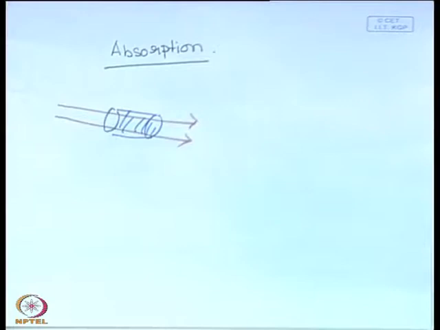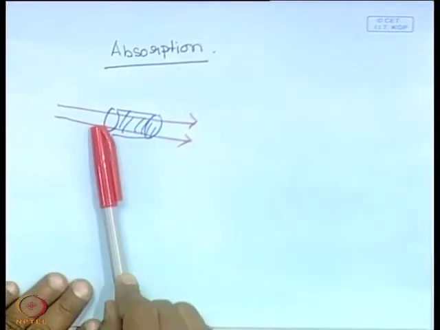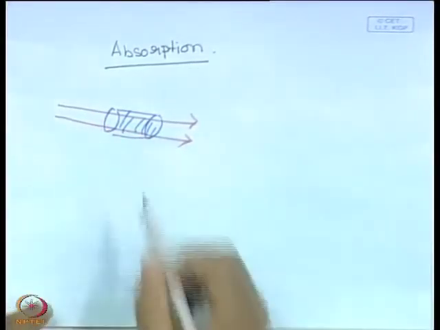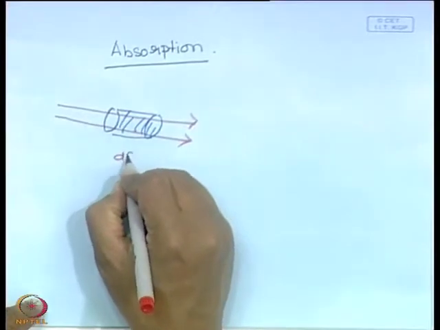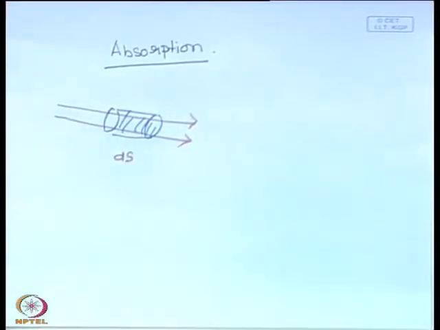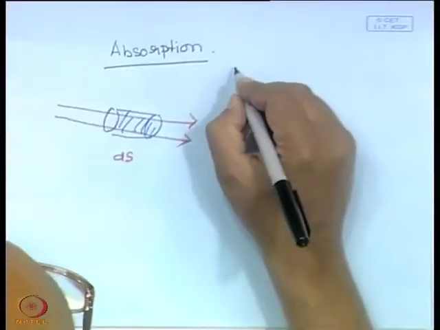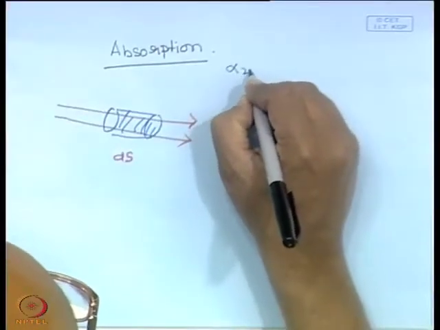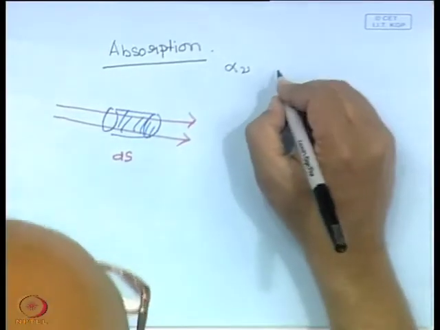The question is, what happens to the specific intensity when the ray has traversed through a length ds through some medium? It will get absorbed. In general, there will be emission and absorption both. So how do you quantify the absorption? And for this there is something called alpha nu, which is the absorption coefficient.